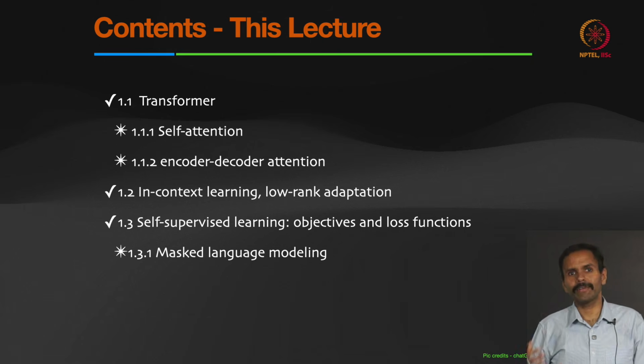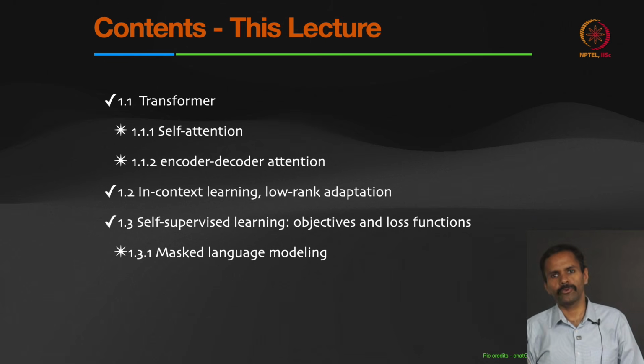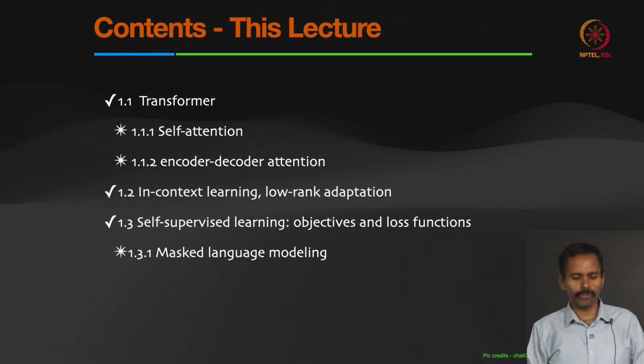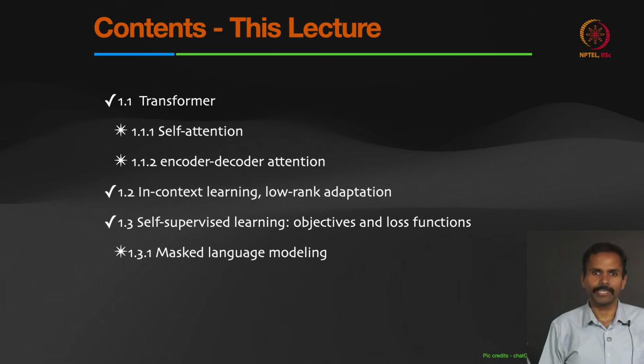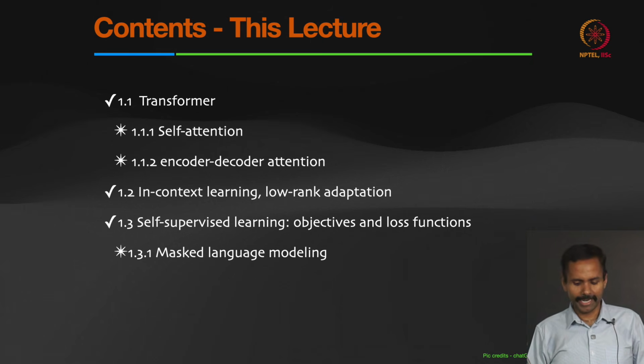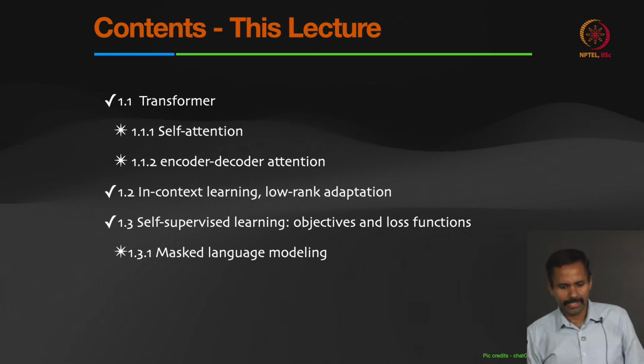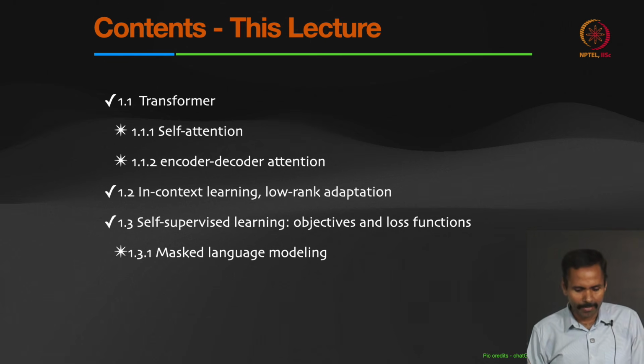Assuming that most of you have had some exposure to deep learning in terms of convolutional neural networks or feed-forward neural networks, this is going to add more on top of it in terms of attention, in-context learning, and low-rank adaptation, and later on we will talk about objective functions that one should use to train these models. So let us start in this setting of a transformer model, and we will primarily focus on the attention mechanism to start with.